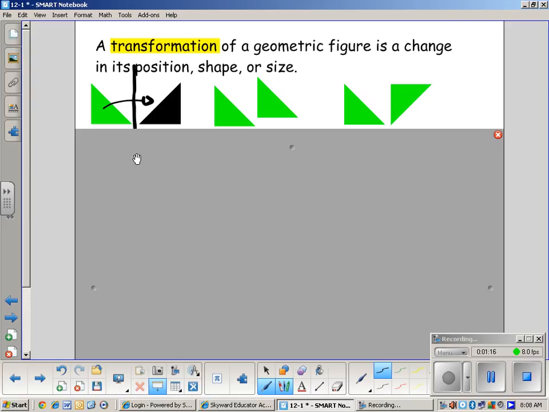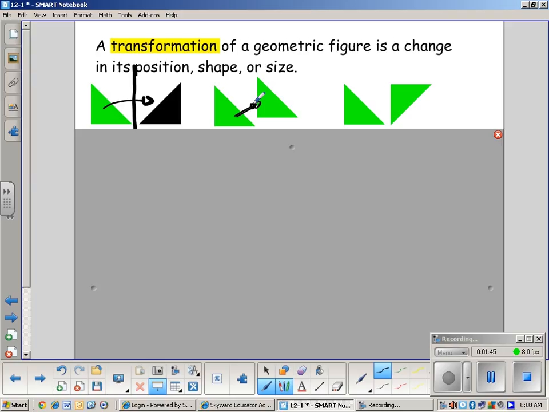This one here, I don't know about you, but to me, this one looks a little smaller, doesn't it? Maybe it isn't, but it looks a little smaller. If not, then it for sure is moved from this location to this location. And this one here actually looks like a couple things were done to it.